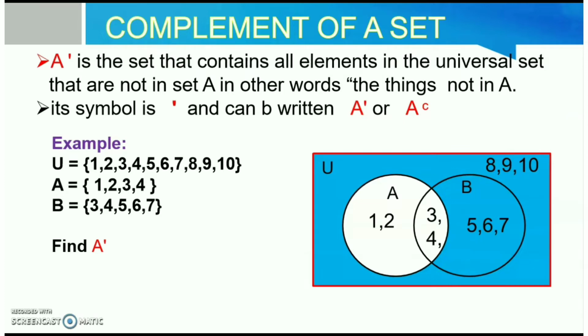Okay, so therefore, ang mga elements ng ating A complement ay 5, 6, 7, 8, 9, and 10. So yan yung complement of a set, or in other words, the things not in A.